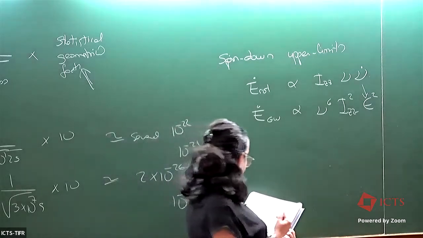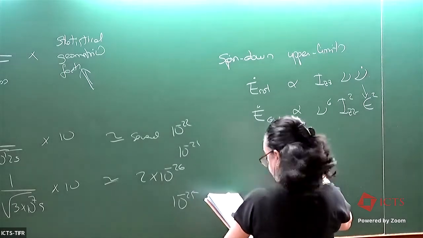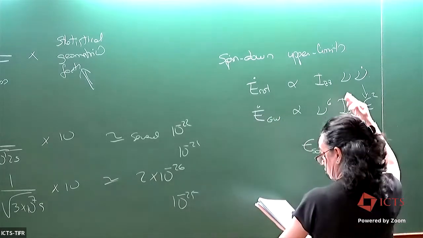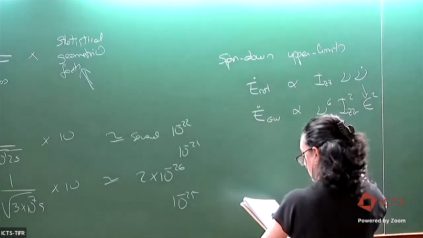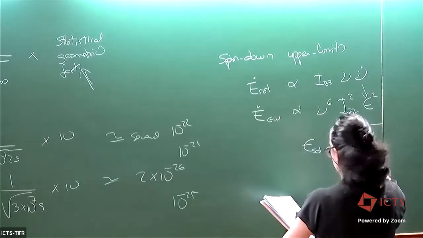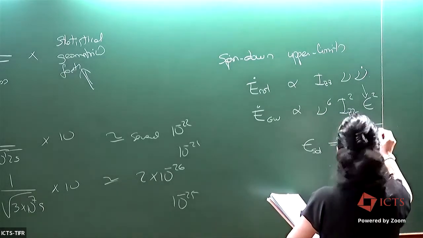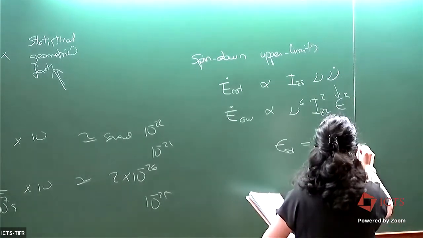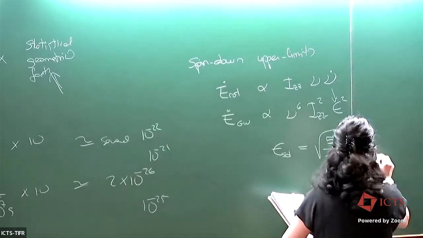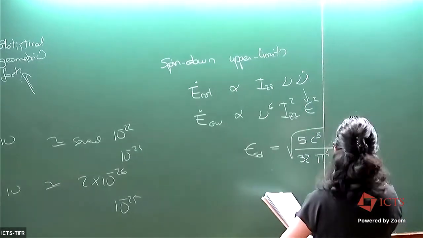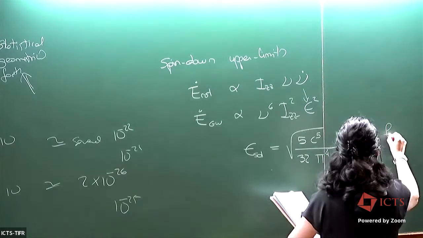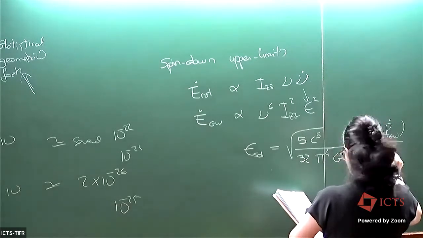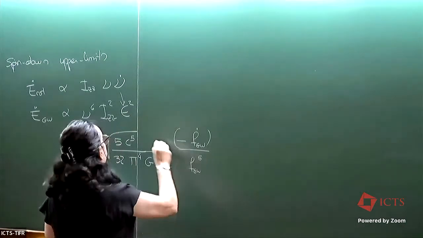So if I do these calculations, assuming the spin-down upper limit, this will be 5 over 2, to the one quarter, minus f gravitational wave dot over f gravitational wave to the 5th.